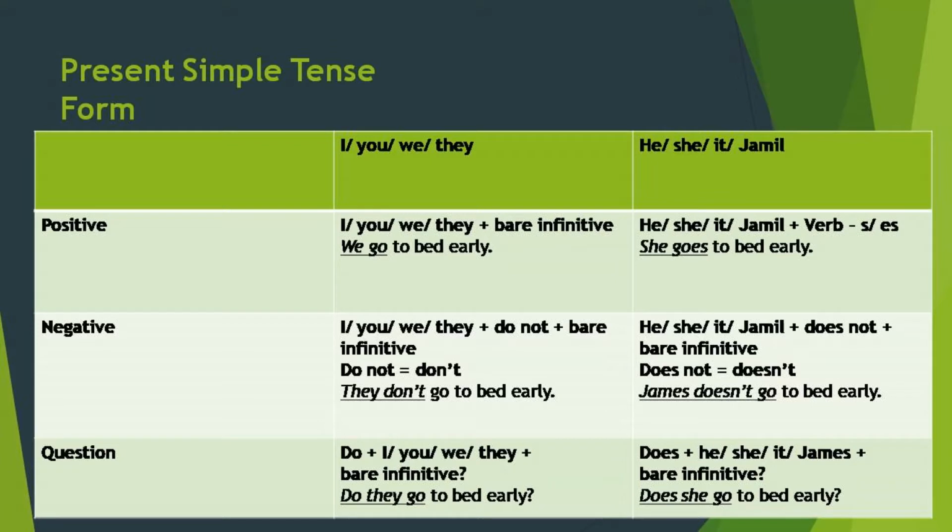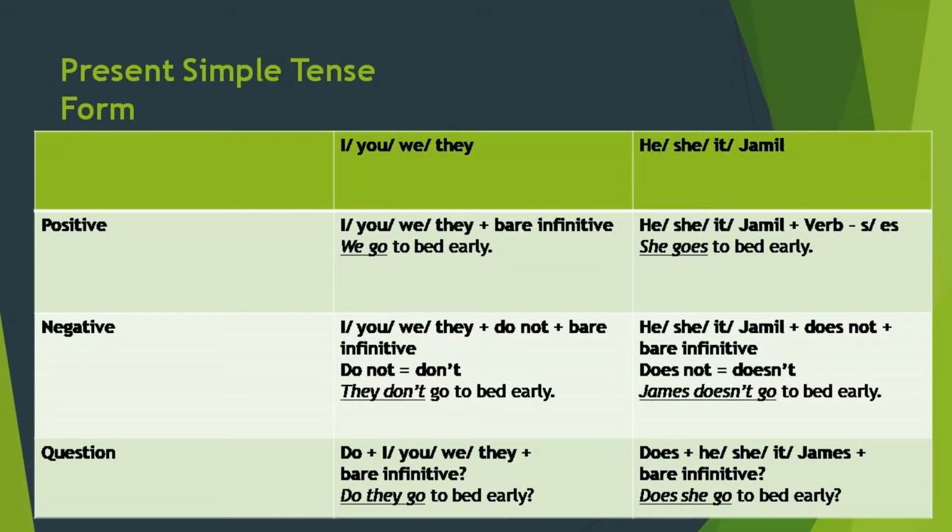Suppose the subject is I, you, we, they, we can make it like: we go to bed early, I go to bed early, they go to bed early, you go to bed early. But if the subject is he, she, it, or any name, Jamil, Rohim, Karim, Mina, in that case, we have to put s or es with the verb, like: she goes to bed early, he goes to bed early, Jamil goes to bed early.